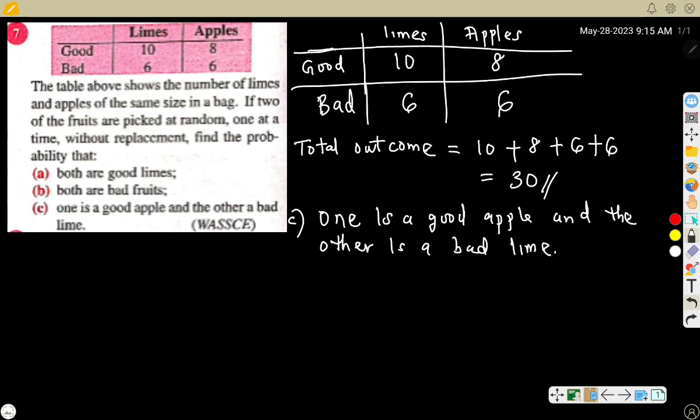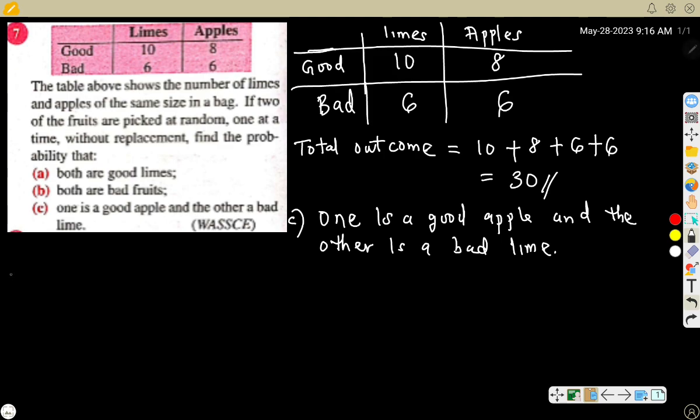So one is a good apple and the other is a bad lime. Now the question did not specify which one first, but we know that out of the two fruits, one is a good apple and the other is a bad lime. The question did not say whether the first one is a good apple or the second one is a bad lime.